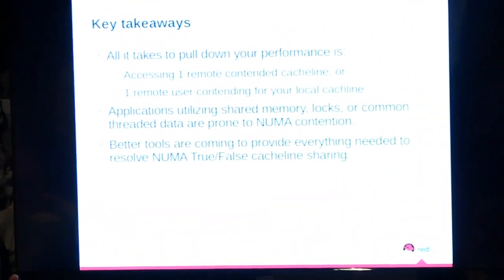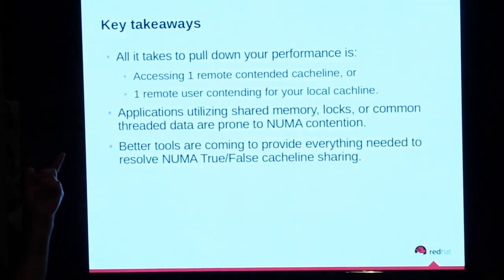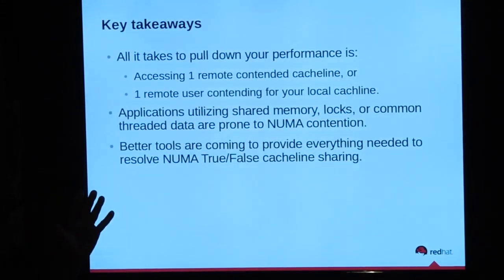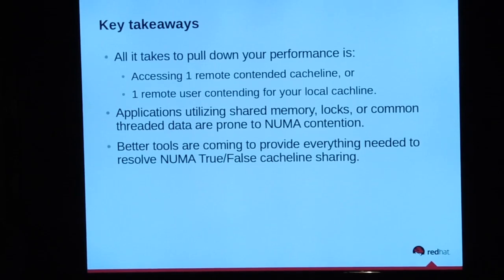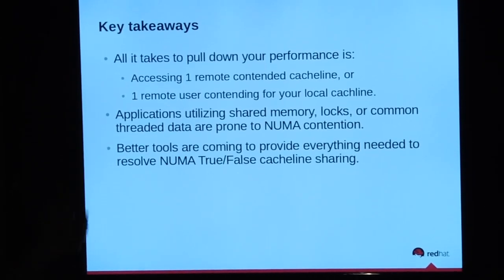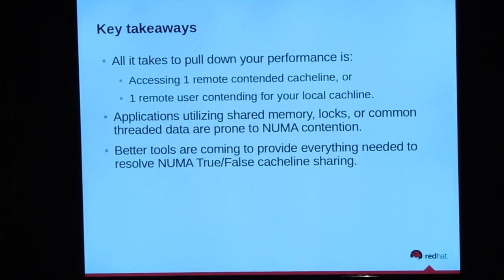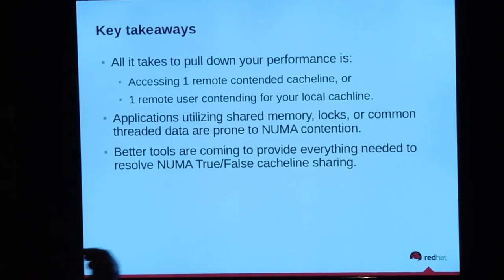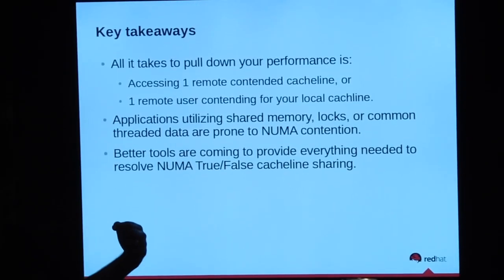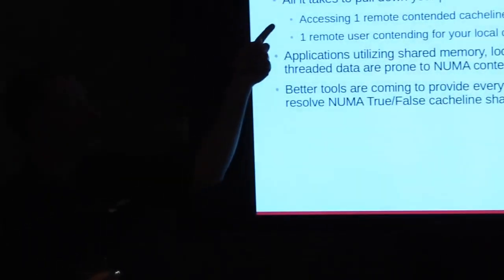So the key takeaways. You can look at a high level with NUMA-stat and say, okay, all my threads and processes, threads in memory are executing over here and located here, and others are located here. All it takes is one process to reach across and grab a cache line on another node and be modifying it, tugging at someone's cache line to pull your performance down.